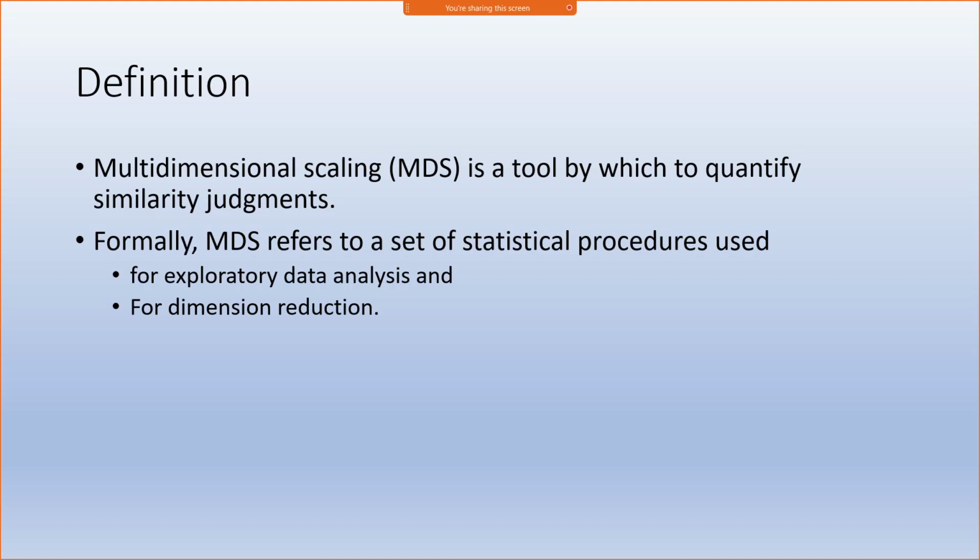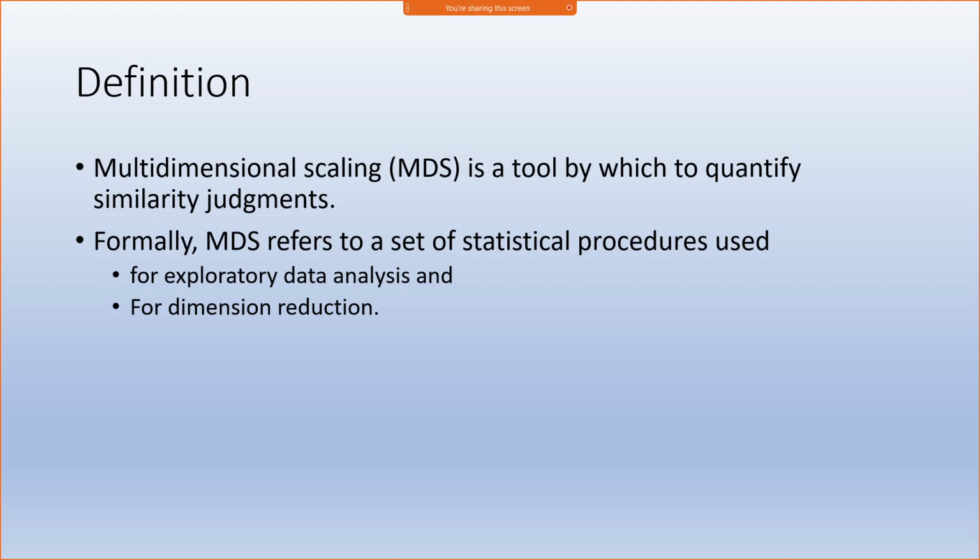So let's say we have 20 variables for each domain: 20 for knowledge, 20 for attitude, and 20 for practice. Now you have 60 variables. By doing multidimensional scaling, you can look at the pattern of these 60 variables.